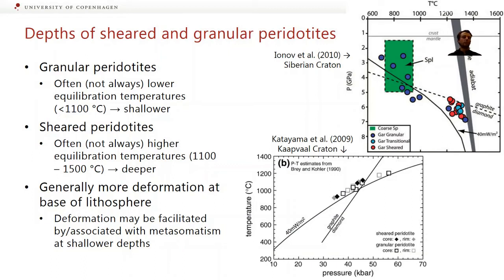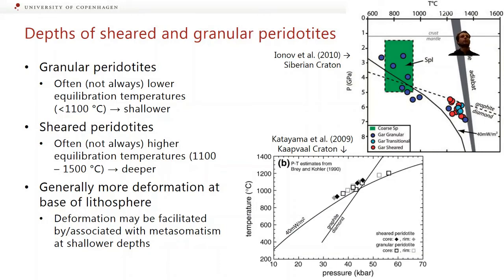Some people might interpret the sheared ones to be asthenospheric peridotites, but in general these are being deformed by mantle convection or motions near the base of the lithosphere. However, it might be facilitated by, or even just associated with, the fact that it might be easier to deform a metasomatized peridotite.